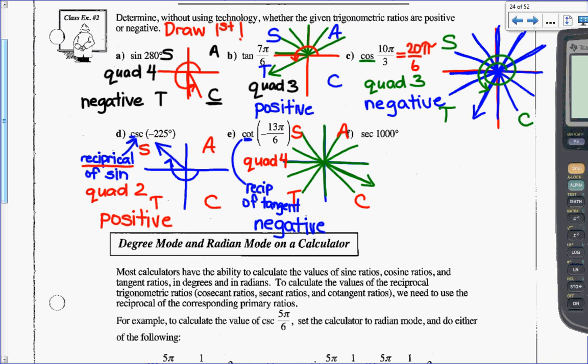Okay, the last one, secant of 1,000 degrees. Okay, well, that's like going 360 plus 360 plus almost 360 again. So I'm going around and around almost 3 times, but not quite. I'm ending in quadrant 4.